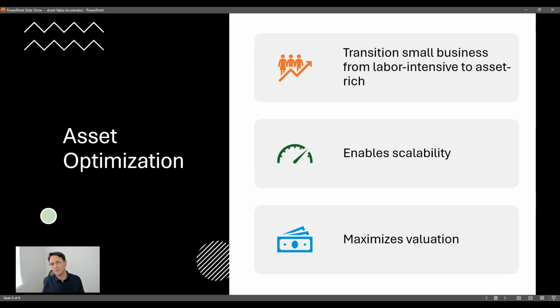So asset optimization: if you optimize all the assets that we just mentioned, that's going to help you transition from owning your job to owning a highly valuable business, which is a very valuable asset.